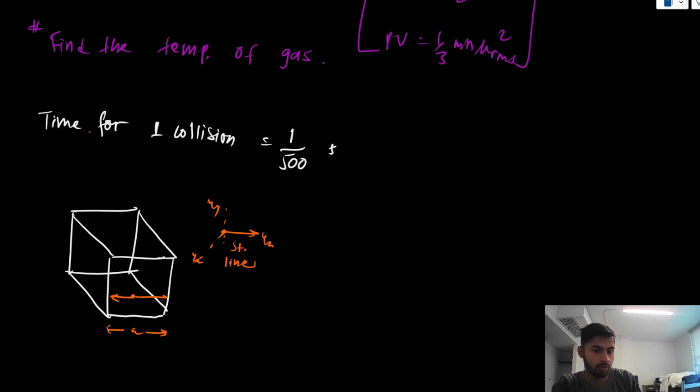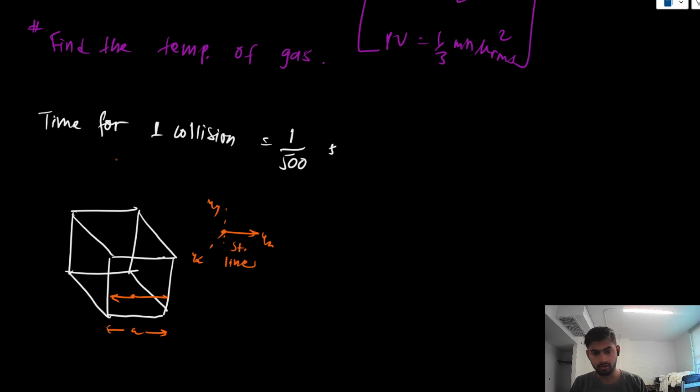So the time for one collision is 1 by 500th of a second, and the distance traveled over here is a in one direction.